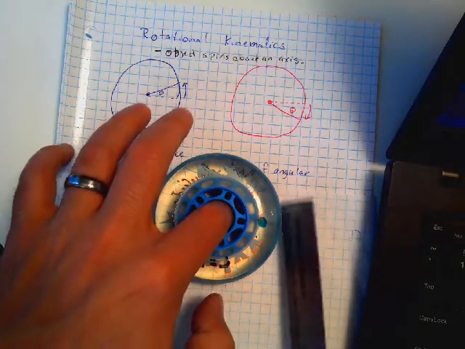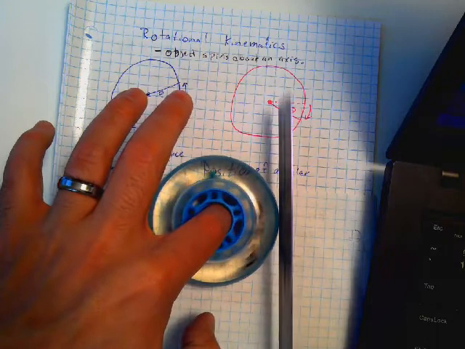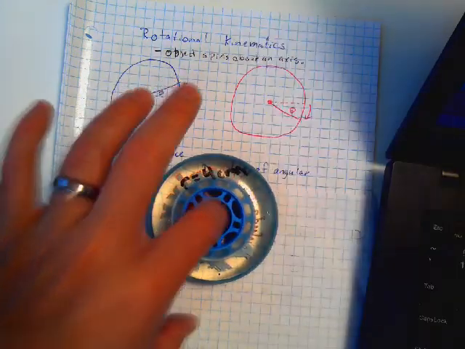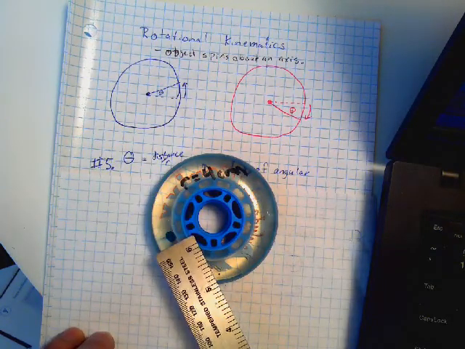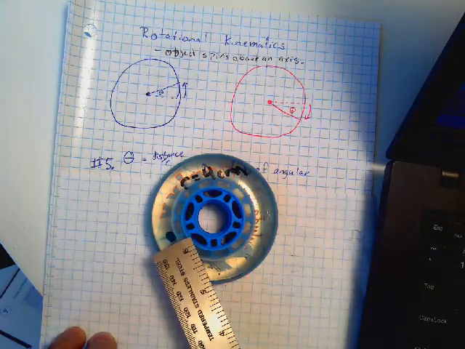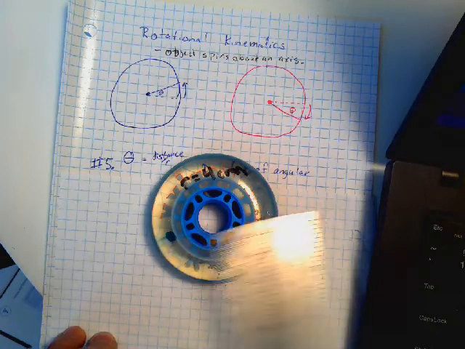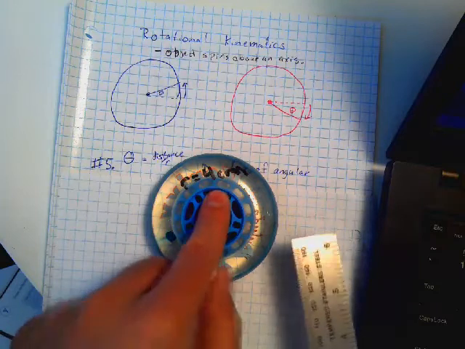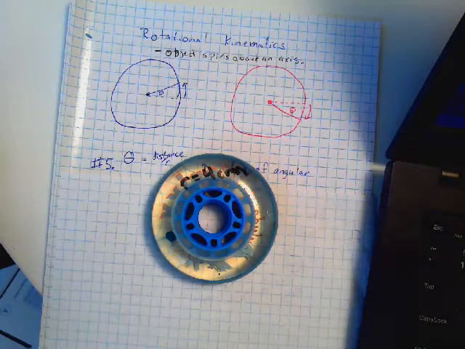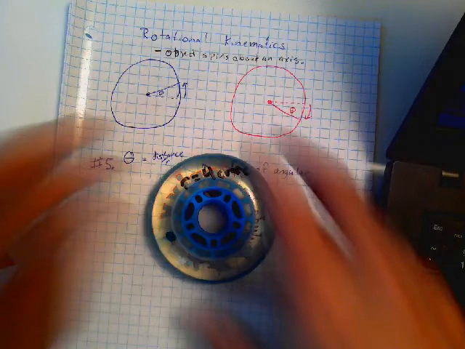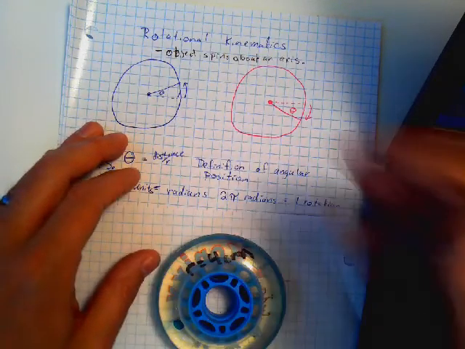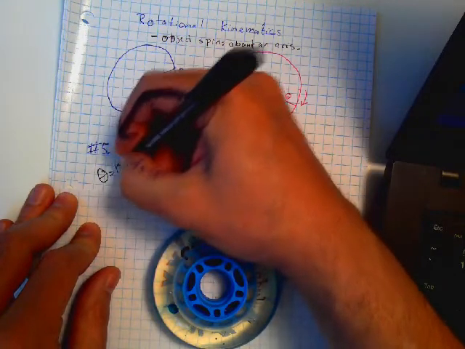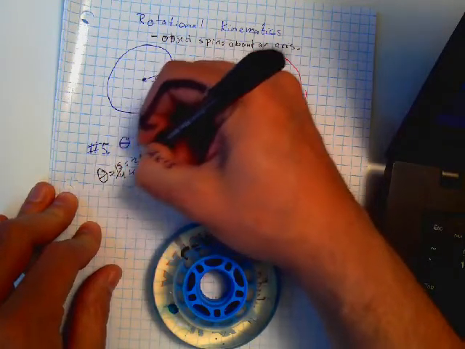If I have it roll 15 centimeters, we can figure out, if this dot here started out at 0, where it is now by doing the distance, 15 divided by 4. So theta is 15 over 4, you should get about 3.75.